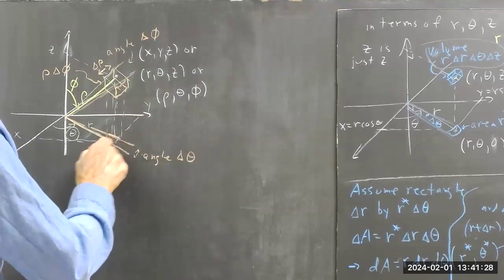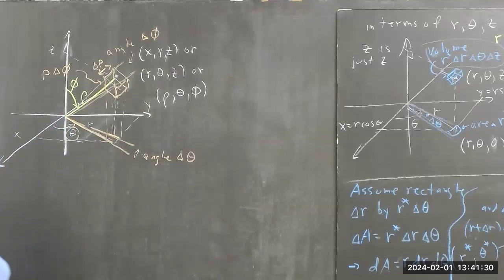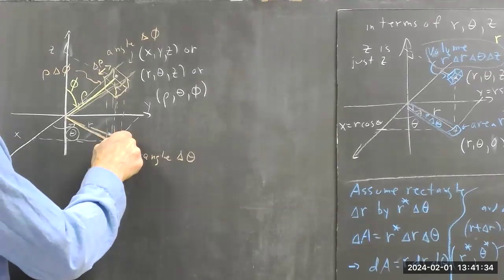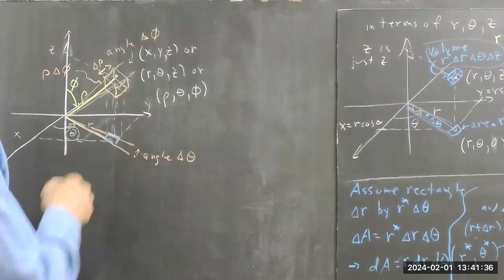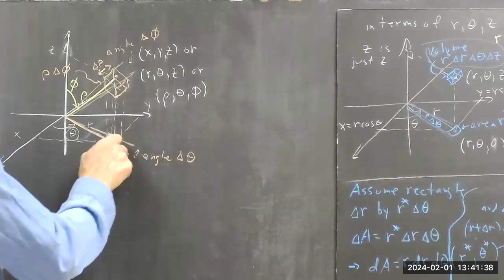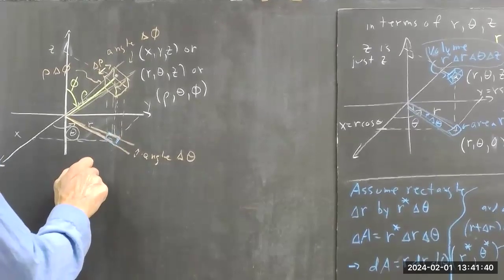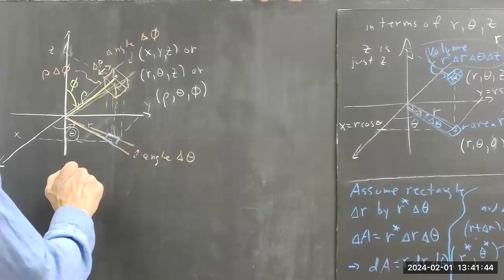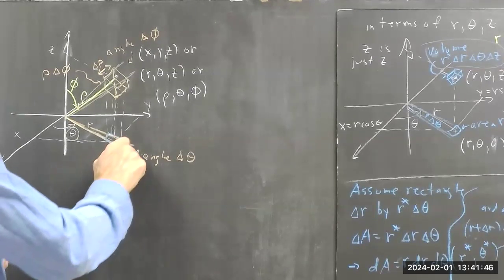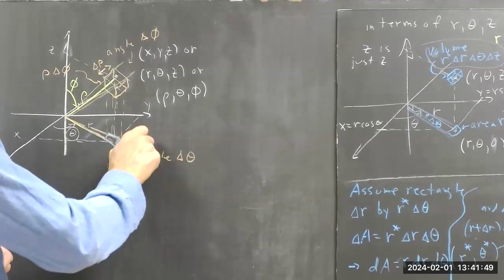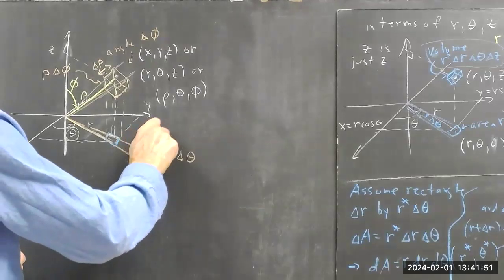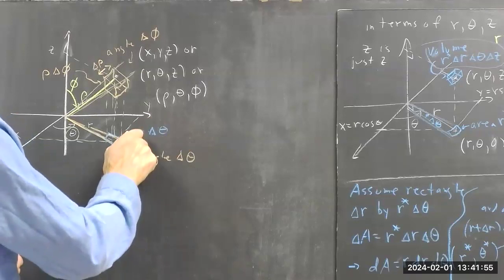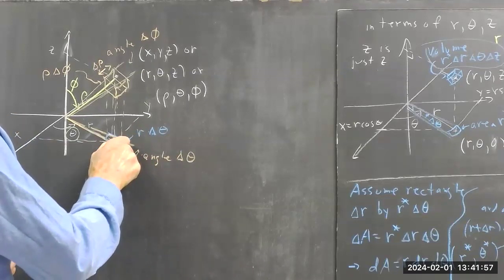Just your blue instrument down here, which is this distance here, r delta theta, this side.